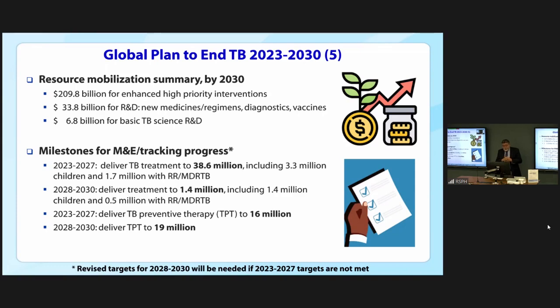Deliver preventive therapy during 2023 to 2027 to 16 million, and TB preventive therapy in the latter 2 years to 19 million. And there's a footnote here: the revised targets will be needed if we fail to meet these. You can't keep chugging along if you fail to get the work done. With that, in the choreography, Dr. Shah is next. Thank you.